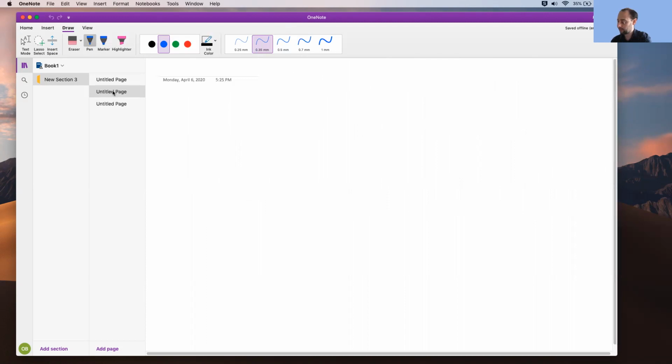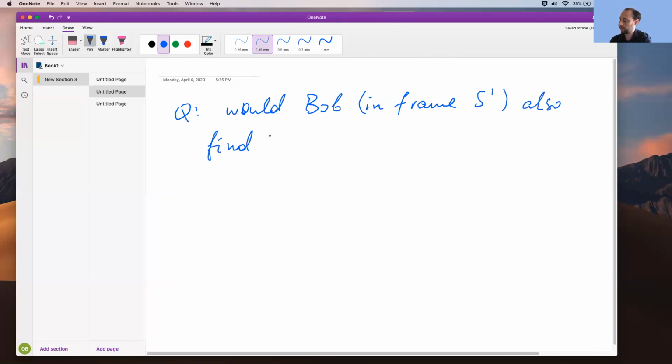Let me go to the next page. Question: would Bob in frame S prime also find momentum conservation?